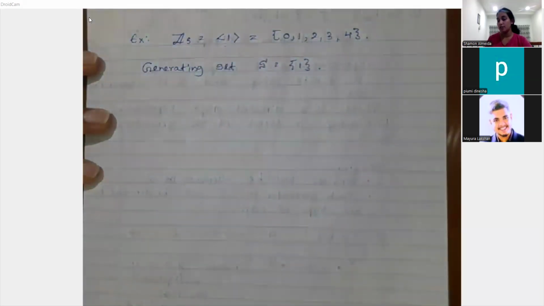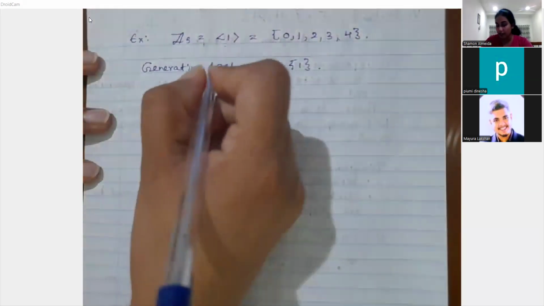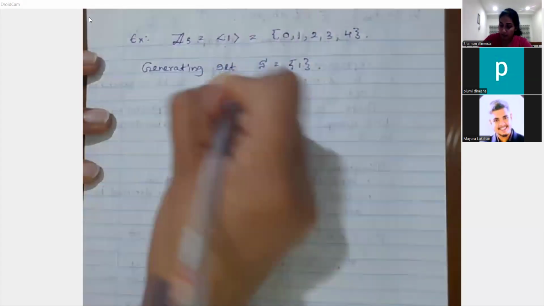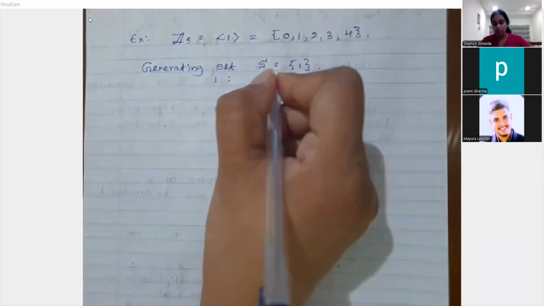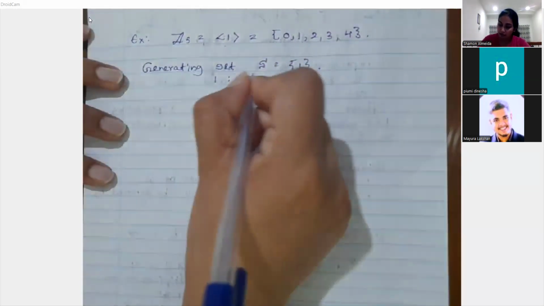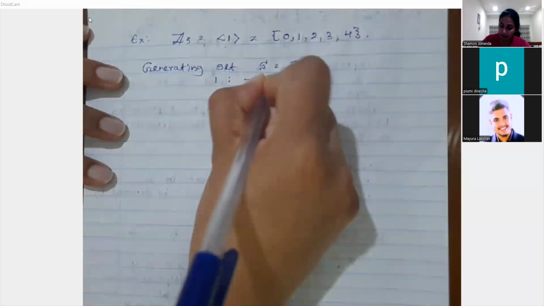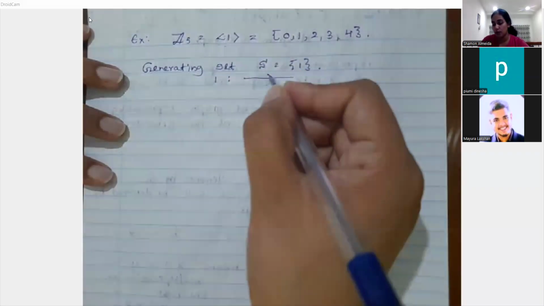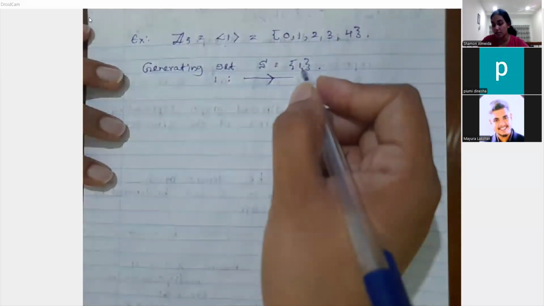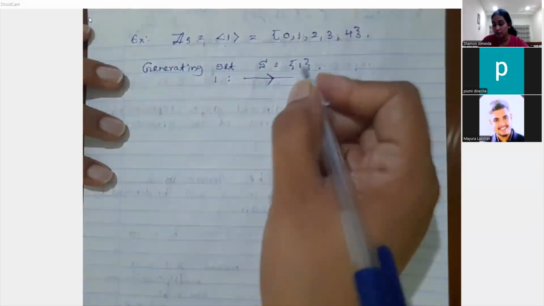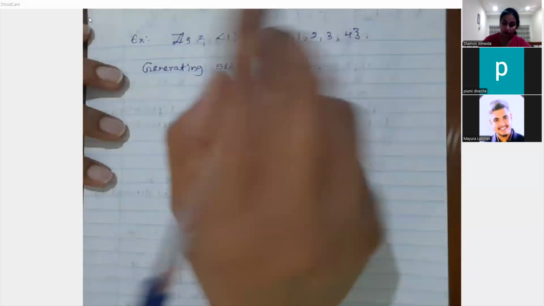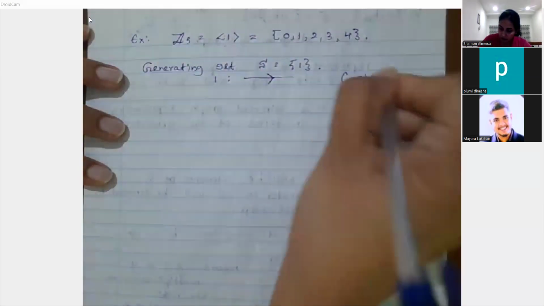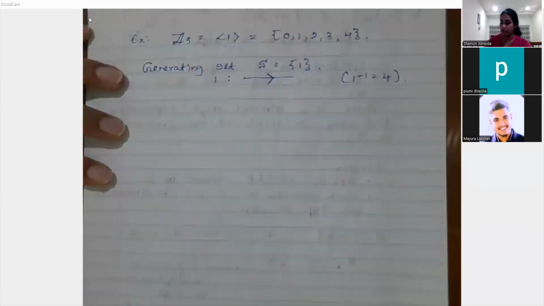First thing is we will denote 1 by a type of an edge. We will simply go with this solid directed edge, right? Why do we have this arrowhead? Because the inverse of 1 is 4 for this particular group, so we have to have the arrowhead.